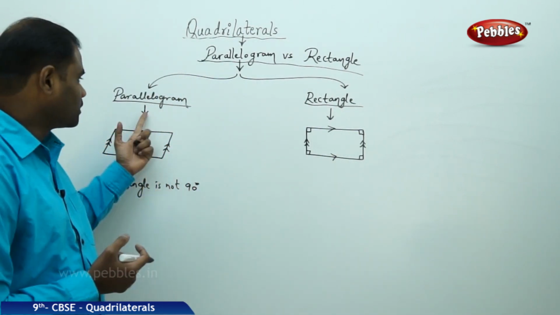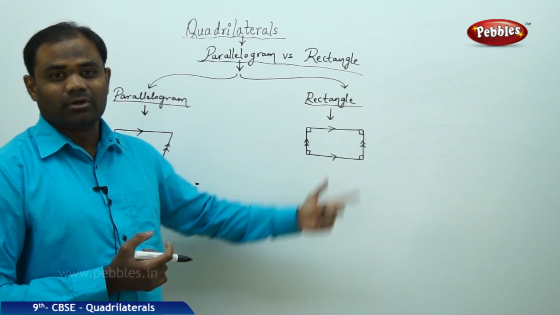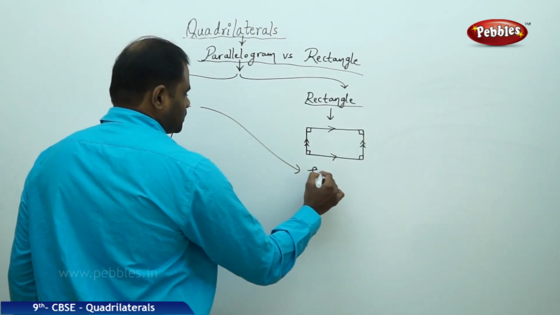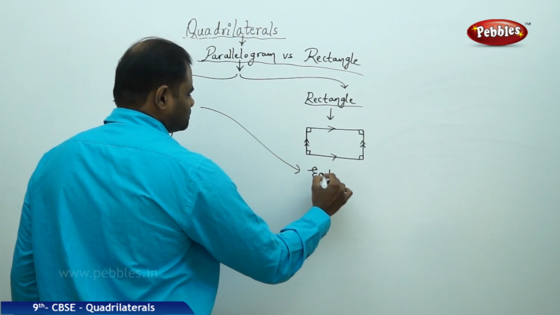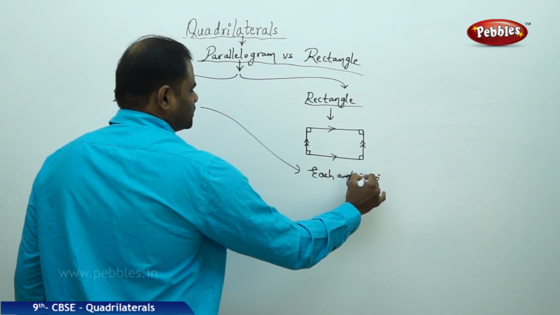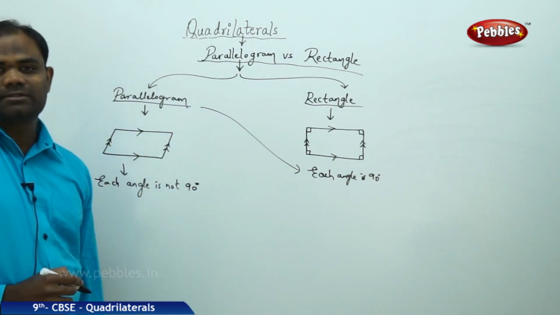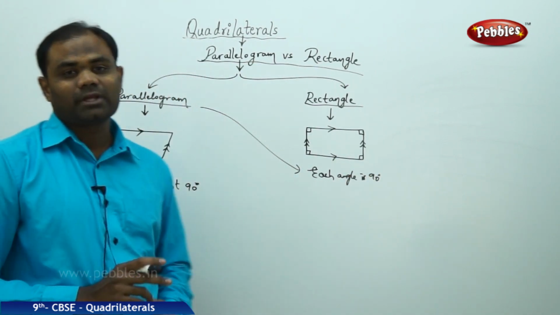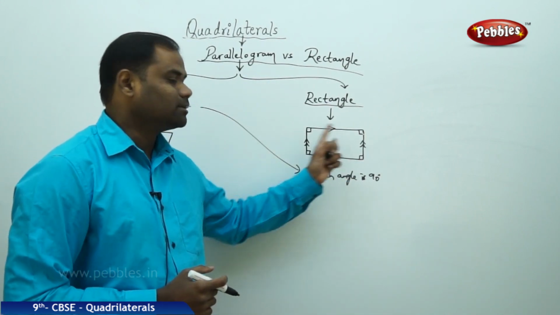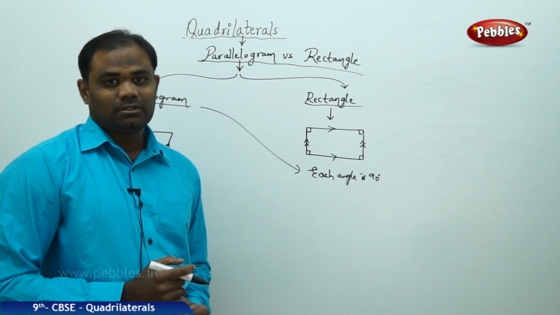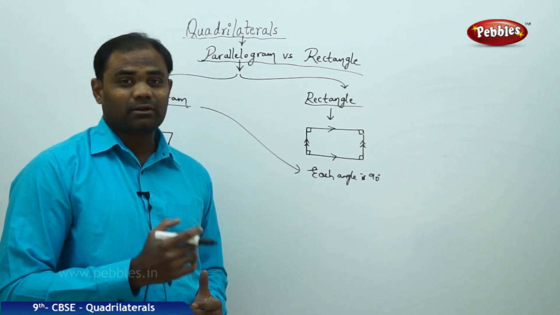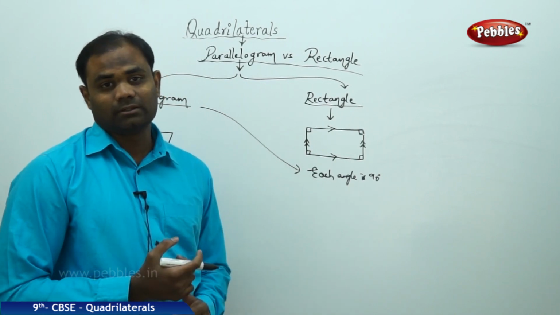But every parallelogram is not a rectangle because it fails with each angle, which must be 90 degrees. In a parallelogram, each angle is not 90 degrees, but in a rectangle, each angle is 90 degrees. So every rectangle is a parallelogram, but every parallelogram is not a rectangle.